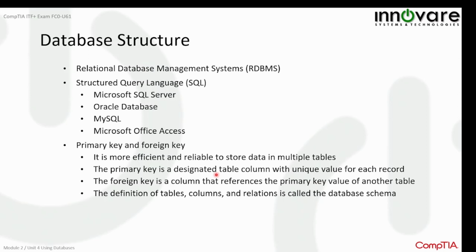And then meron din tinatawag na foreign key, which is actually a reference to the primary key but from another table. So when we say database structure involving primary keys and foreign keys, it is known to be a more effective and reliable data storing technology.